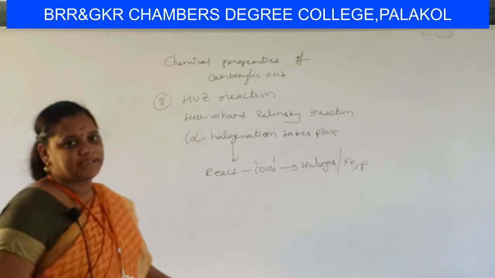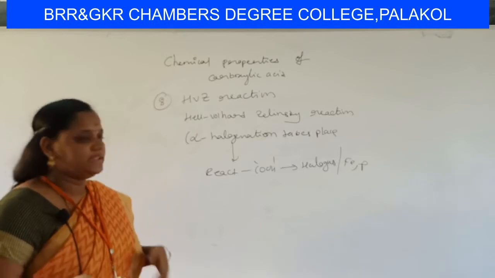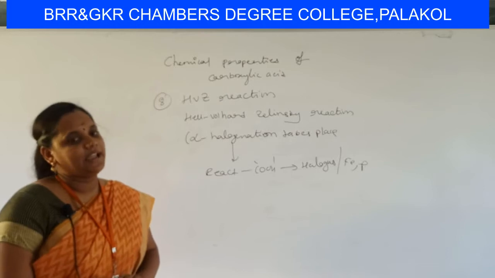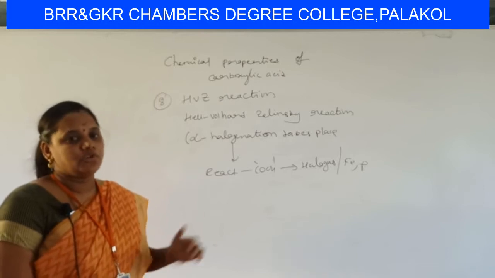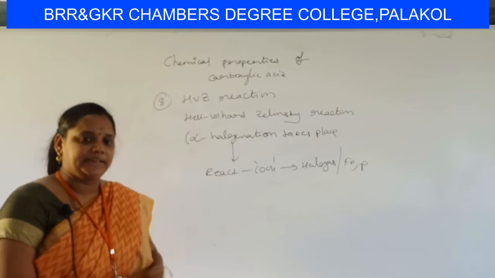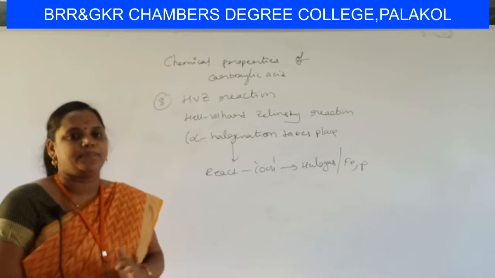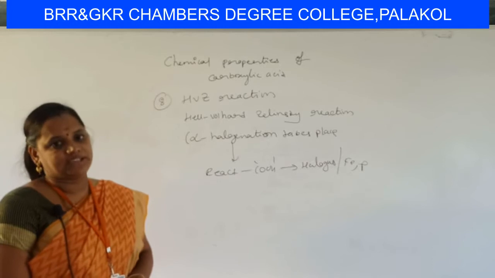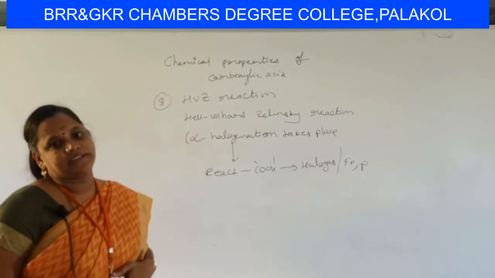If they ask what is the HVZ reaction, you have to explain like this: in the HVZ reaction, alpha halogenation takes place. We use carboxylic acid and treat it with halogens in the presence of iron or phosphorus as a catalyst to form halo derivatives of carboxylic acid. This is our HVZ reaction.